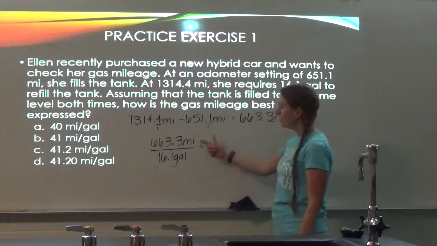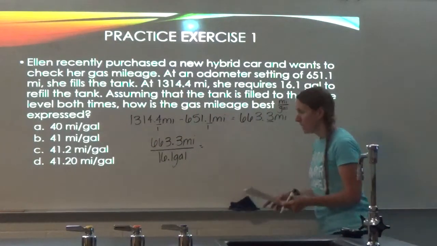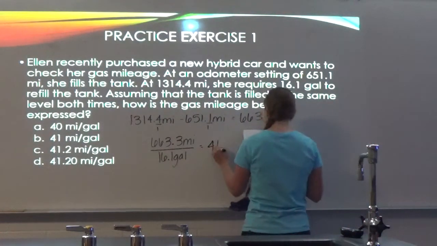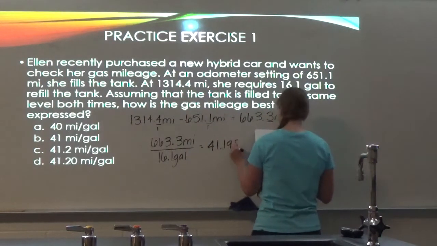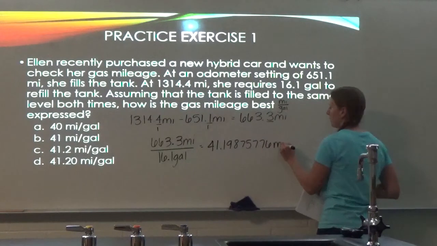The other way you could have known is to look at the units over here. They're all miles per gallon. Once I divide, I end up getting 41.19875776 miles per gallon.